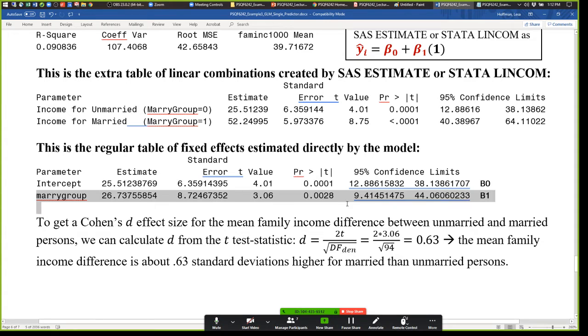Likewise, the slope has an estimate. 26 is how much more money married people make than unmarried people. $26,000. So this is family income, by the way, which stands to reason. We'll look at personal income in the examples to follow after break. So do married people make significantly more money? Do I know that from what I'm staring at right now?